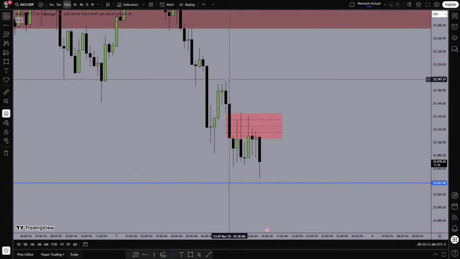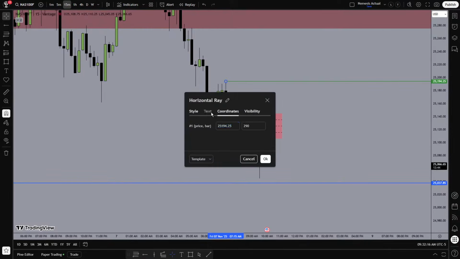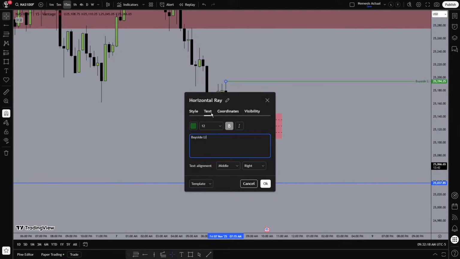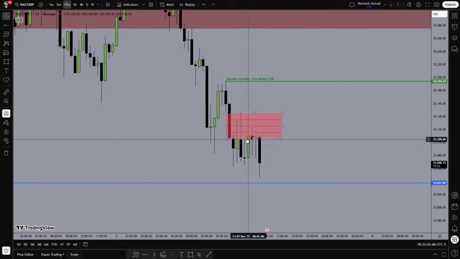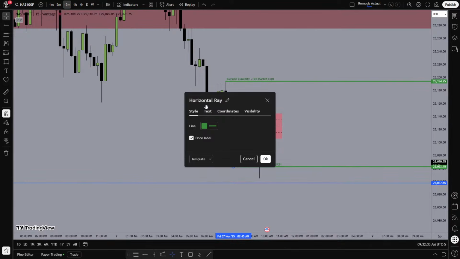There's this buy side inside of this SIBI. And we've just taken out the sell side. So these are equal lows from the pre-market.